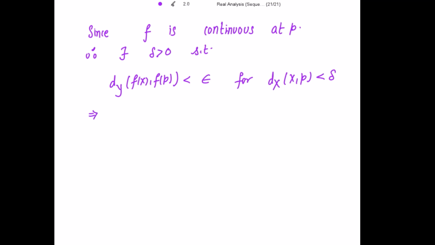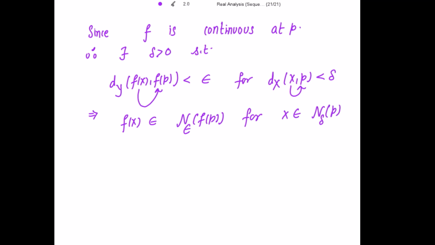For the metric distance less than epsilon, this means that fx belongs to the neighborhood of fp. Because this metric distance is in Y, I have to take the epsilon neighborhood, and for x belonging to the neighborhood of P, the delta neighborhood, right? So x belongs to the delta neighborhood of P.